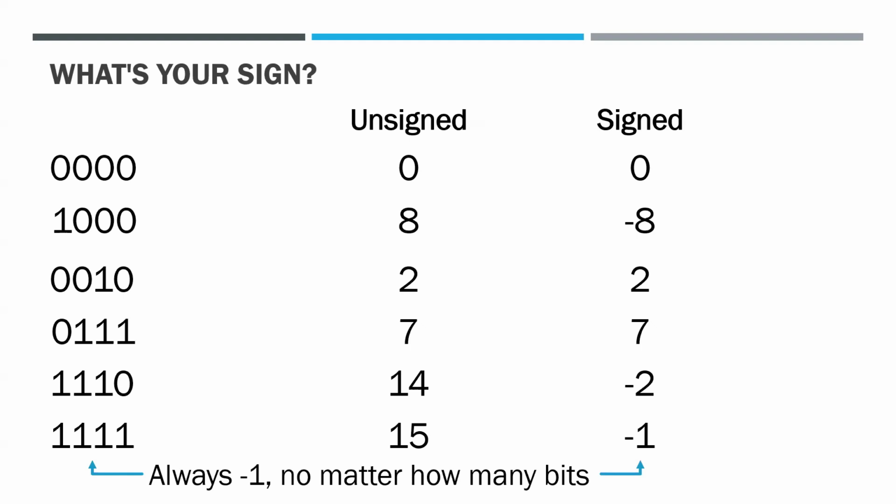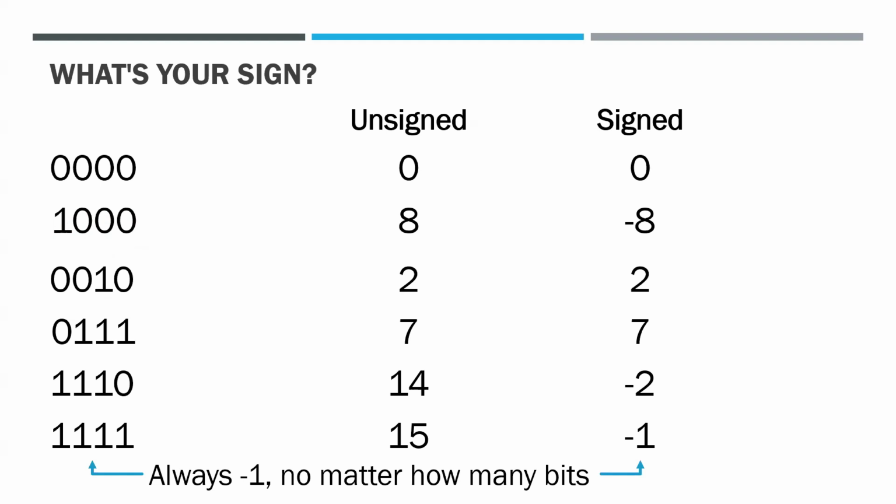Wanted to point out a couple of other things. This number right here, 1000, that is the most negative value that you can represent with 4 bits, because any other bits you turned on would make it less negative, because these are added to the -8.